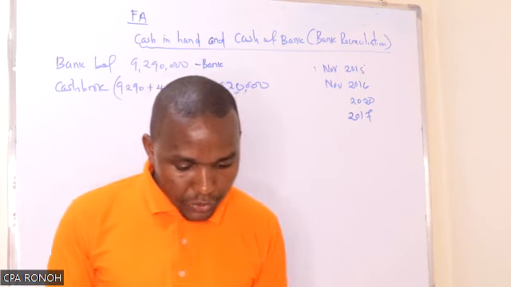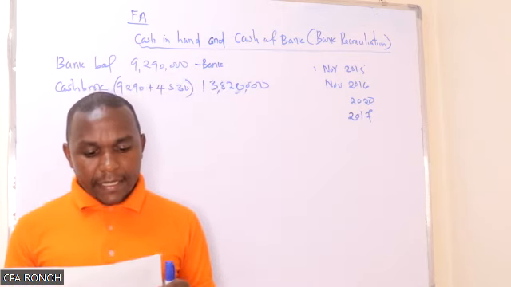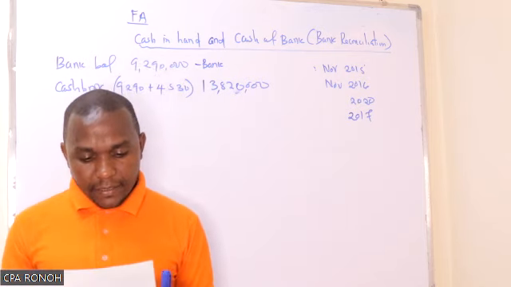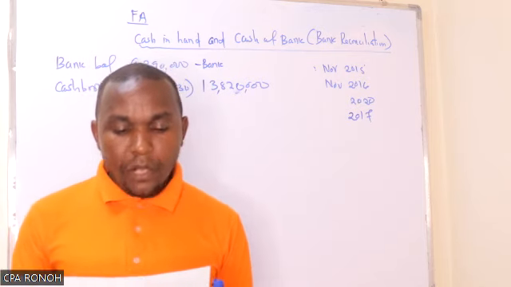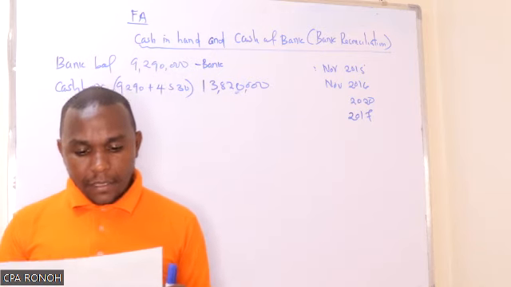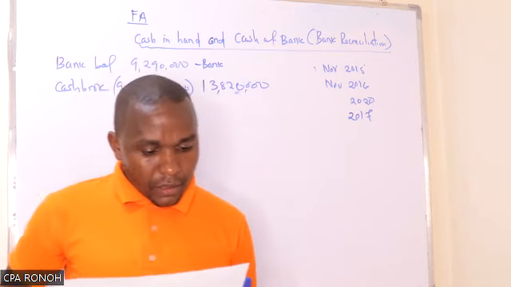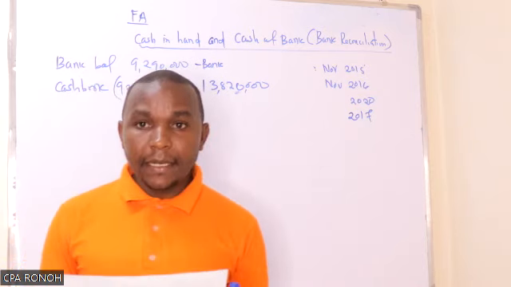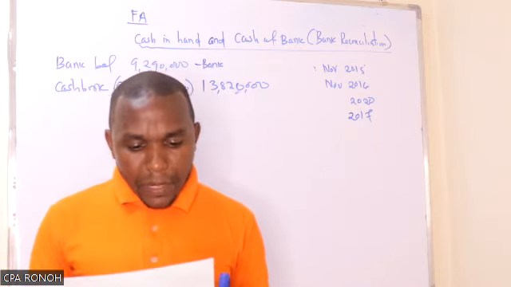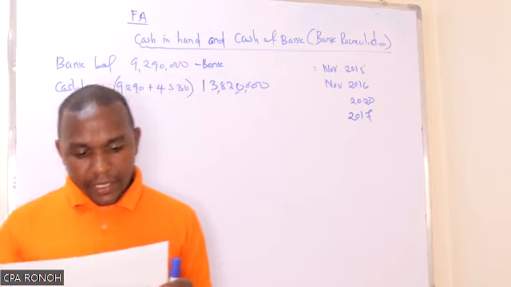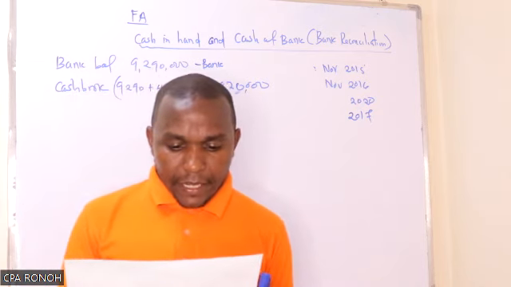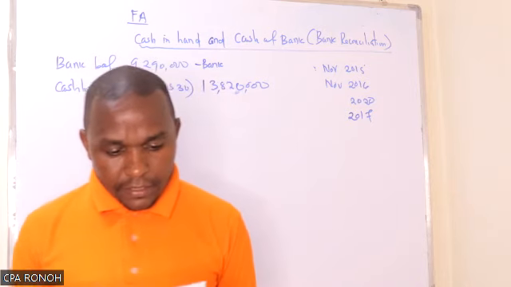Note number 2: the bank had erroneously credited KK Limited with an amount of 2.51 million. Note number 3: a direct deposit by a debtor, that is a customer, amounted to 13.080 million. This deposit was made via electronic, that is EFT transfer.